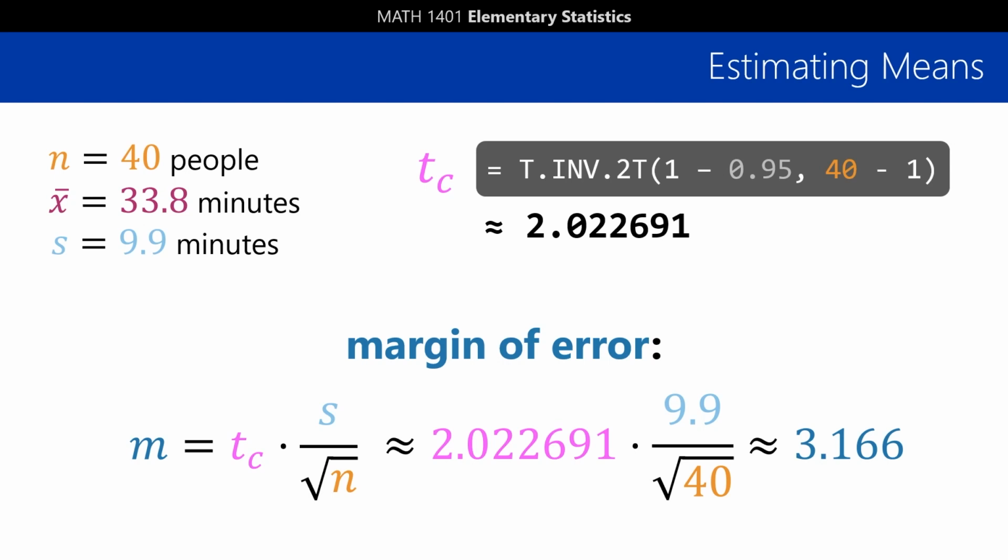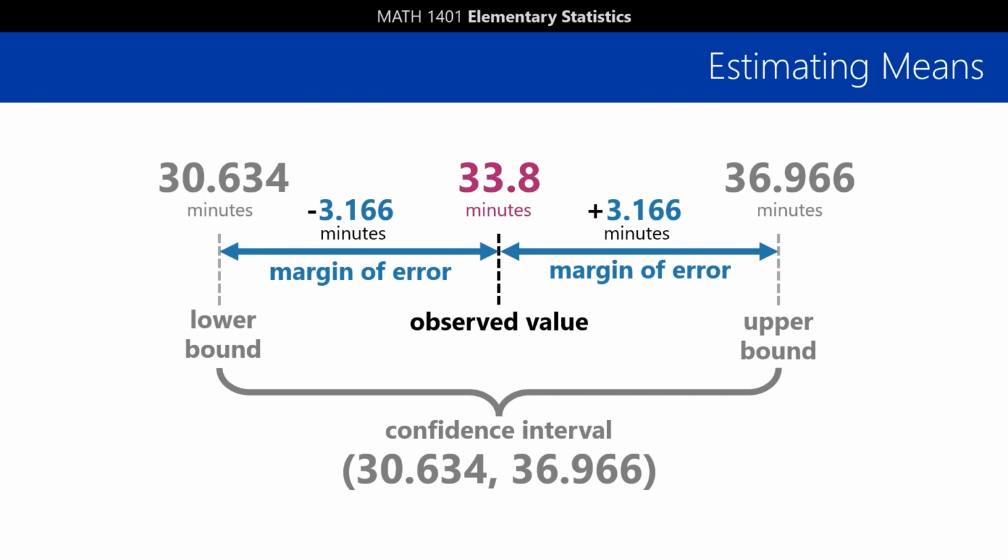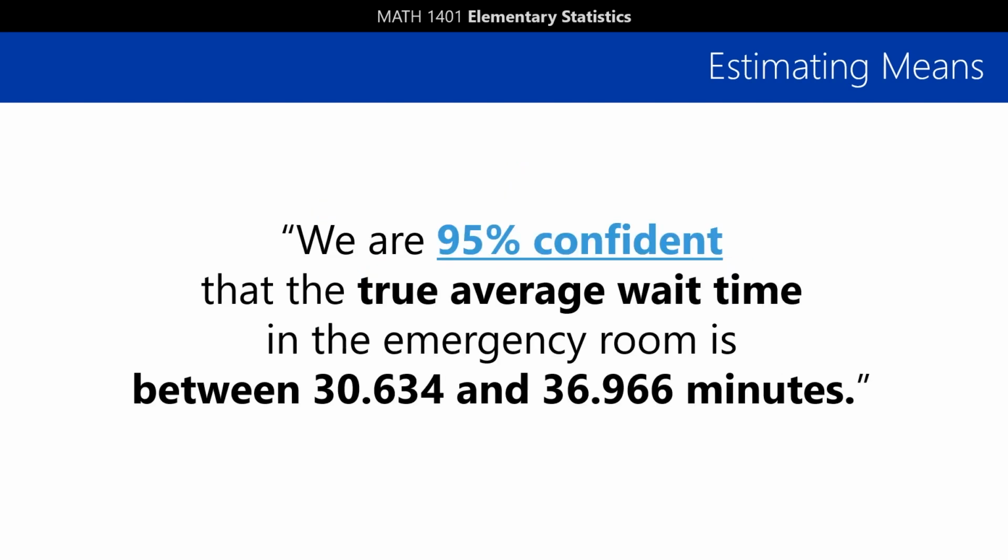That means that now our estimated mean wait time of 33.8 minutes might be off by as much as 3.166 minutes in either direction, and so our confidence interval is just a bit bigger. But the way we interpret it is exactly the same. We are 95% confident that the true average wait time in the emergency room is between 30.634 and 36.966 minutes.